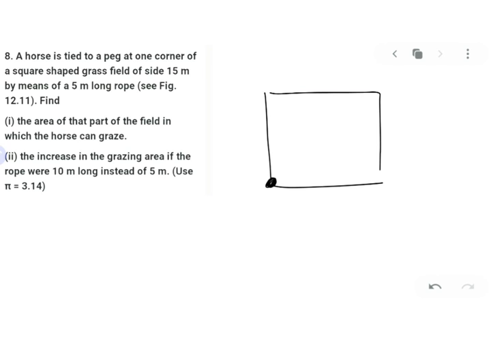So this is a square shaped field of 15 meter, and it is tied by a 5 meter long rope. You have to find the area of the part of the field in which the horse can graze.